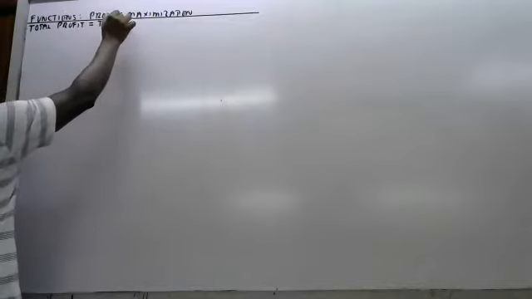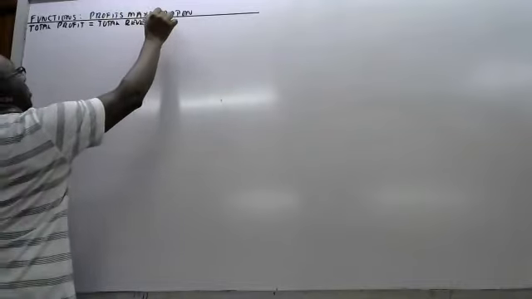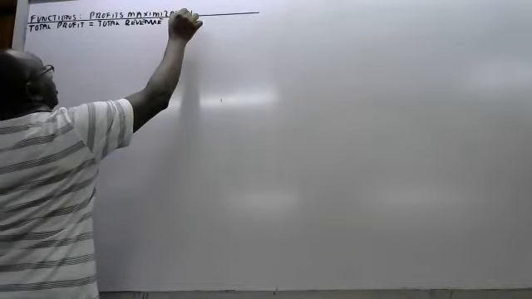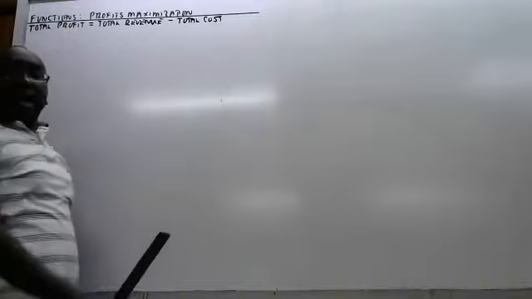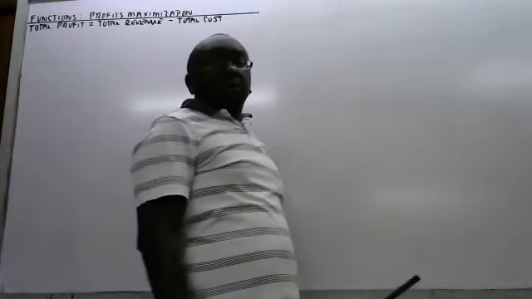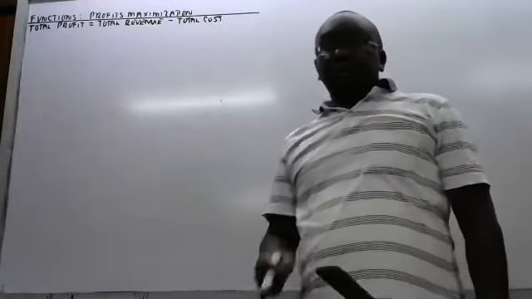So when you are told to get the total profit, you begin by saying total profits is equal to total revenue minus total costs. That is how you begin.